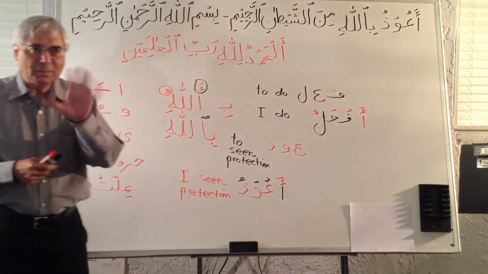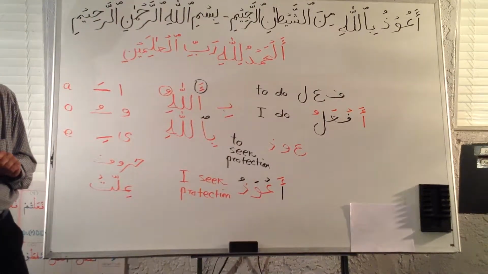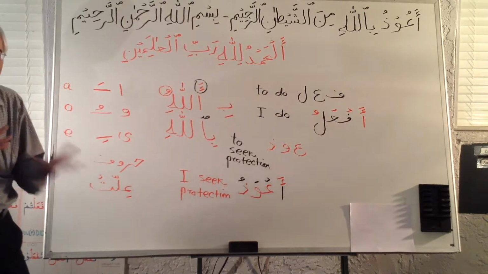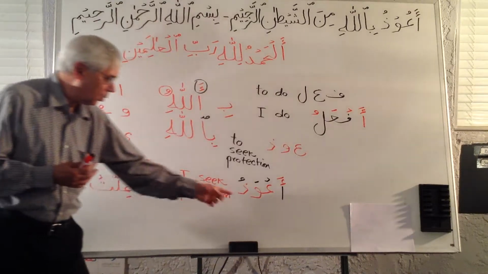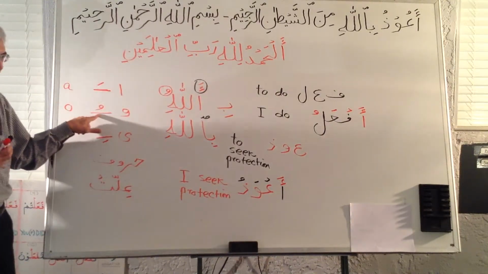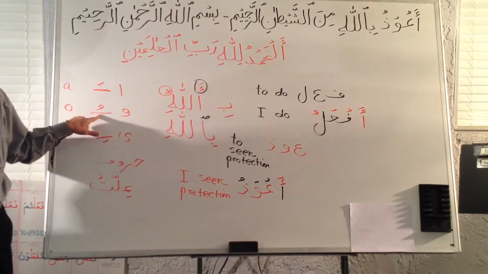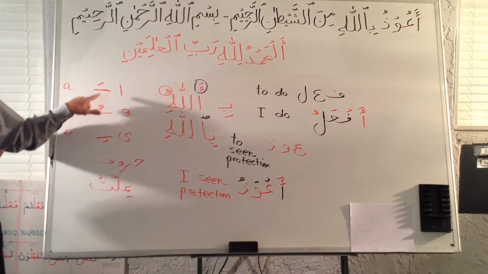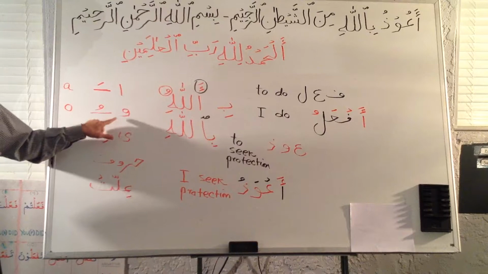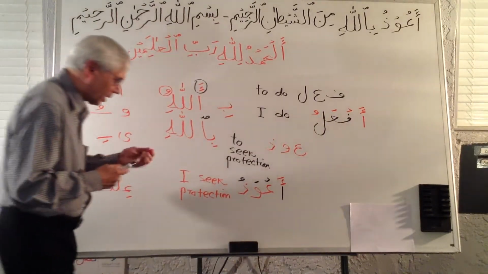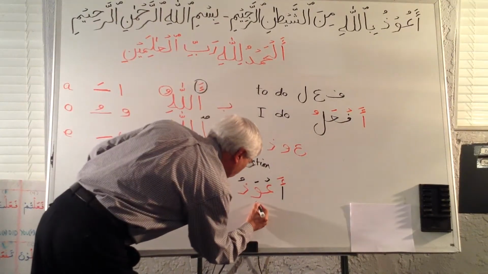So this is a mismatch. The sound of the vowel is wrong here. The sound of waw should be the sound of this thing. We say boo, oo. This is ba, ah. So this is a mismatch. This is the problem here.